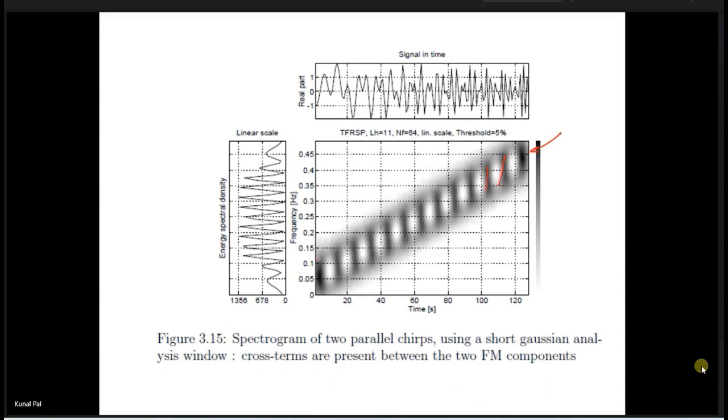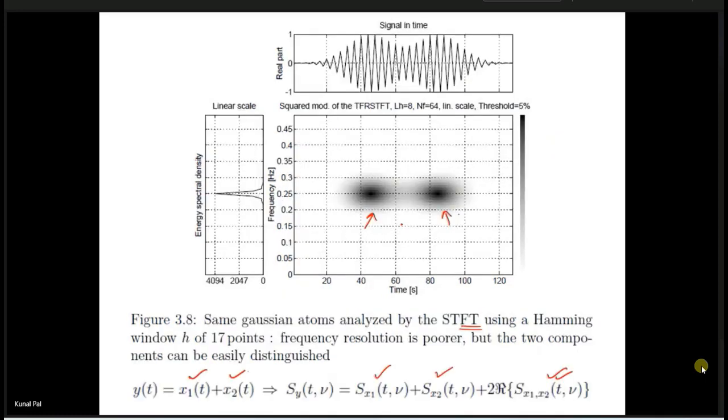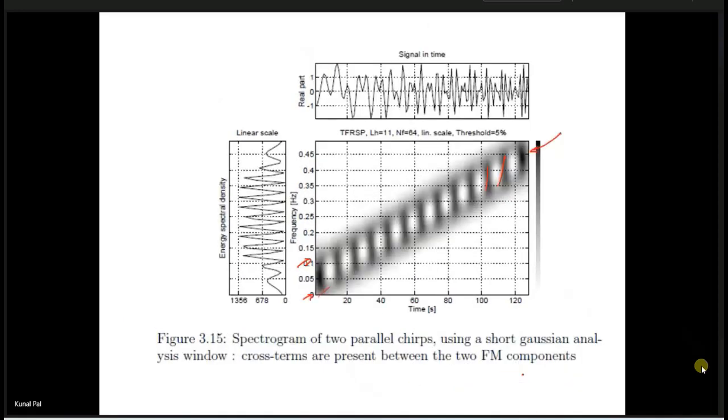We talked about two sharp signals where the frequency components are increasing with time. However, due to the spectrogram, if you do not take proper precautions, these cross terms will appear.